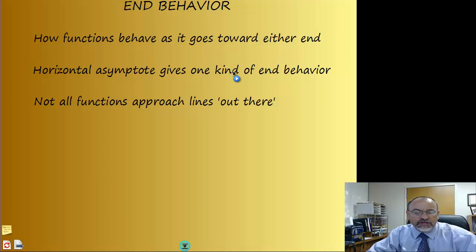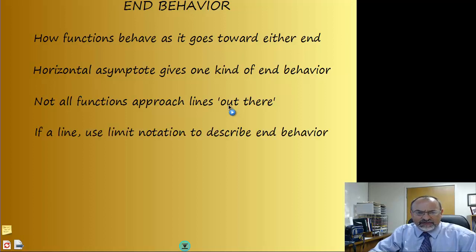Not all functions have horizontal asymptotes. So we just want to be aware that not every function that has an end behavior needs to have an asymptote to have that end behavior.